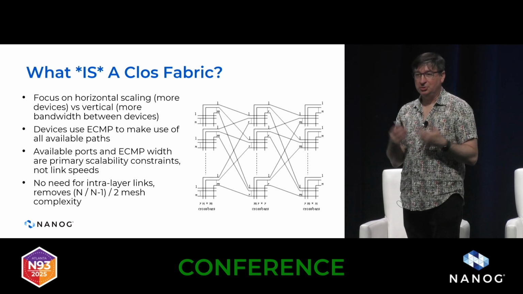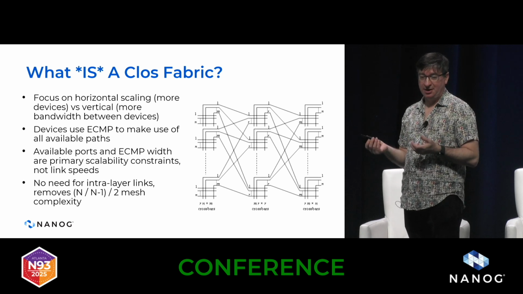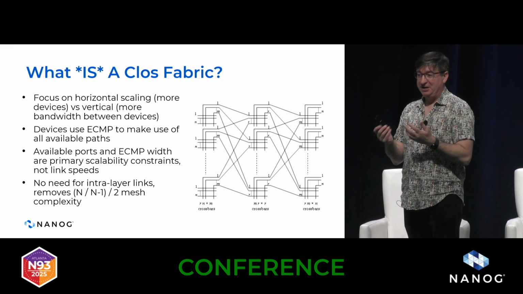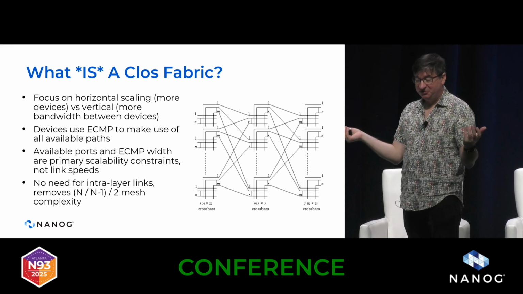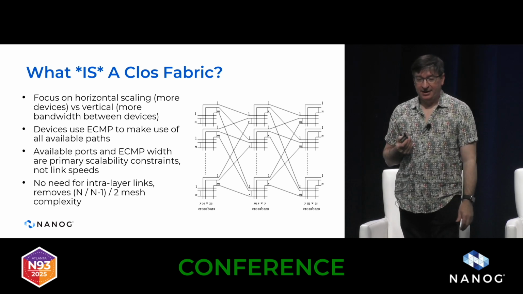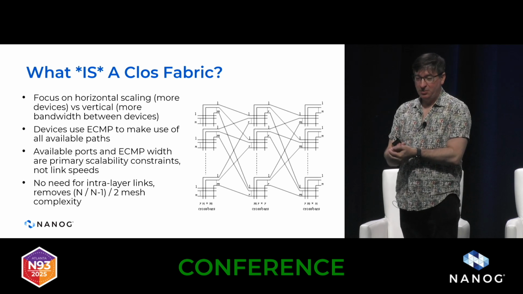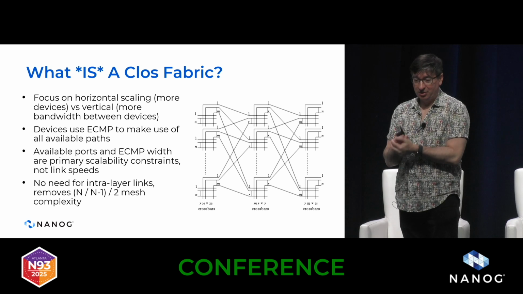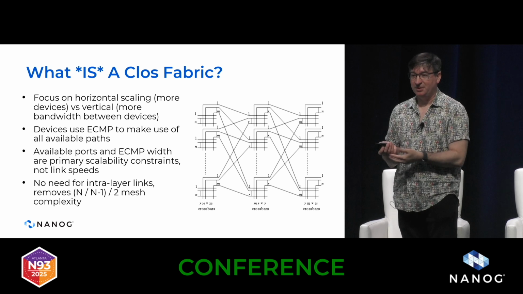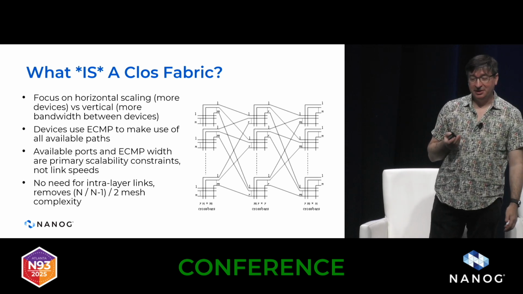Devices use load sharing, equal cost multipath, to make use of all available paths between these layers. And if a device fails, or a link fails, that traffic just gets shifted to the remaining links. So what happens then is that the available ports in a switch, your ECMP width, and one other thing, the number of switches, which is limited by your ECMP width, are your primary scalability components, not necessarily your link speeds.